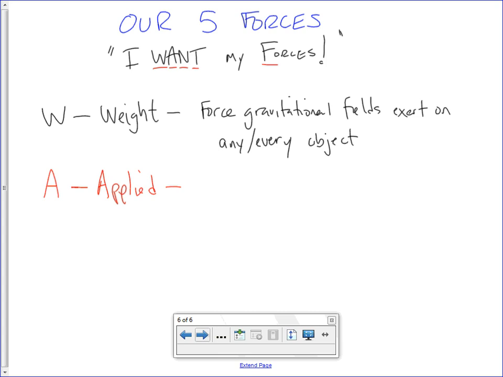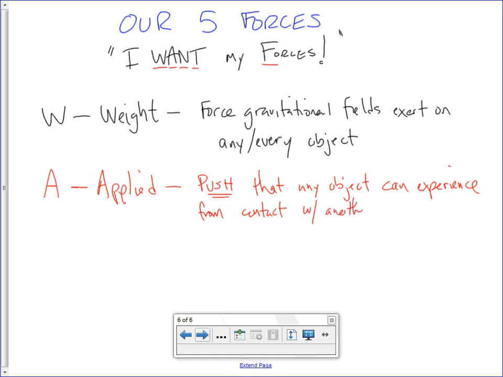And an applied force is a push that any object can experience from contact with another object.